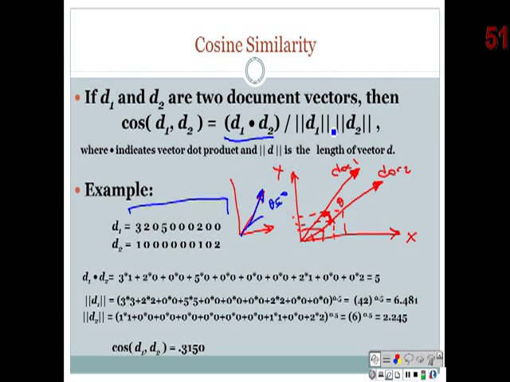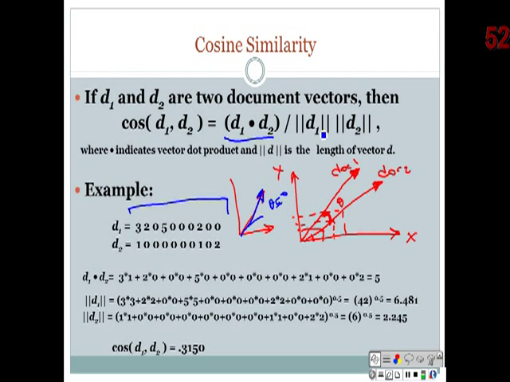Let's say I am using the Google search engine, and I am searching for Western Kentucky University. I have one document that mentions Western Kentucky University 10 times, but it has about 10,000 words.